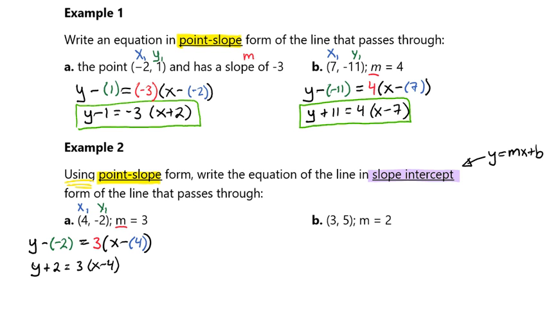And this is where we see that we're going to need to distribute that 3. And that's going to give us y plus 2 equals 3x minus 12. But we need to get the y by itself to have it be in slope-intercept form. So we're going to subtract 2 from both sides, and that's going to leave us with y equals 3x minus 14. And now we see that we have it in y equals mx plus b form. And so we're done.